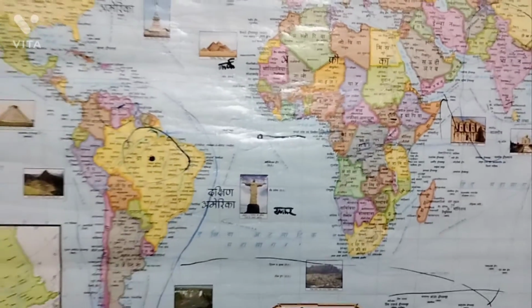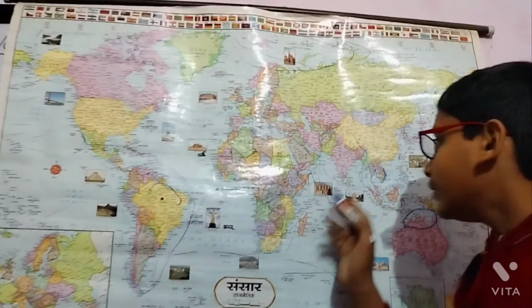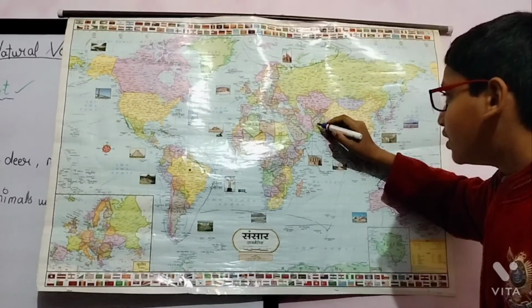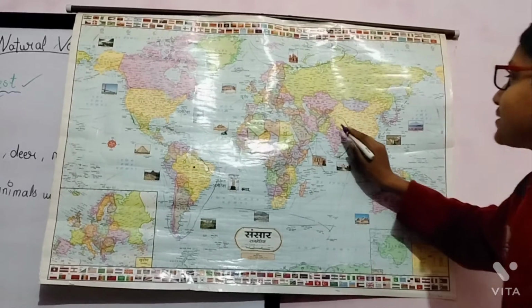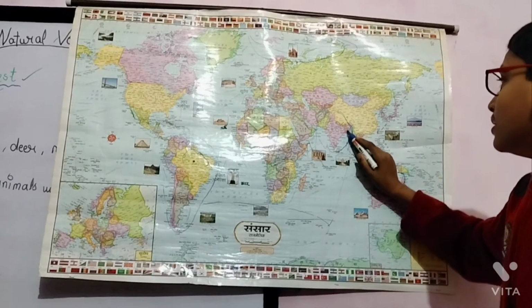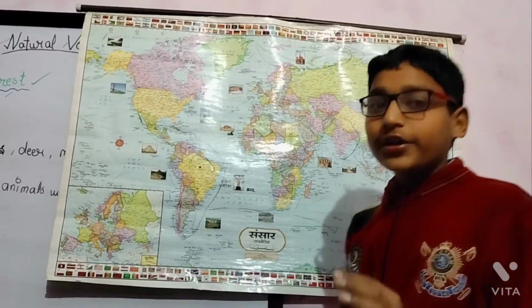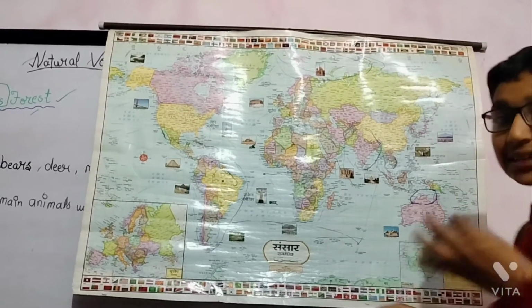As I have told you in the tectonic theory of the planet, there are many plates, including the Indian plate. So these countries are on the Indian plate. This is called a subcontinent. These are the areas where the deciduous forests are found.